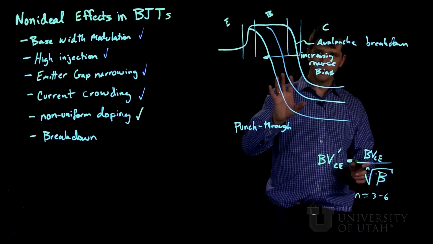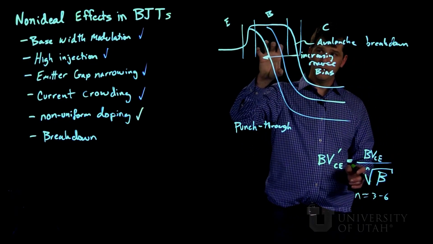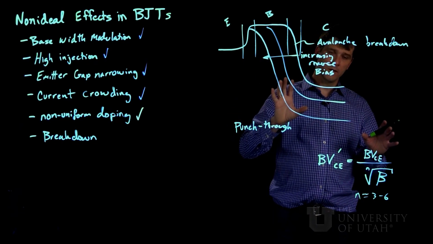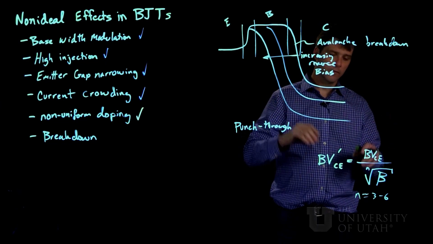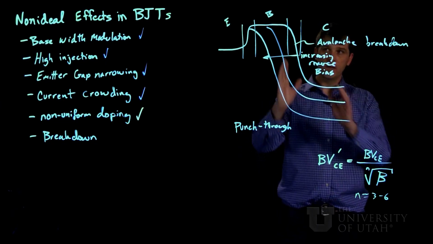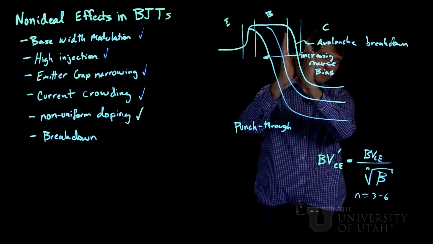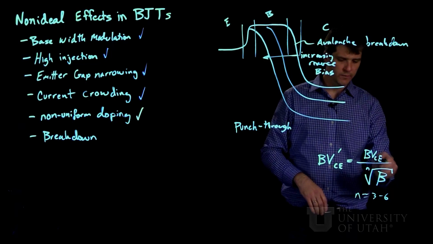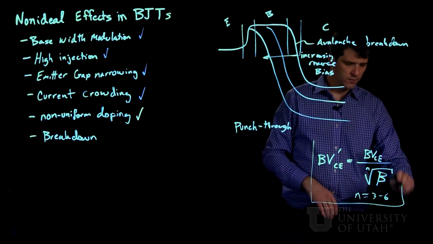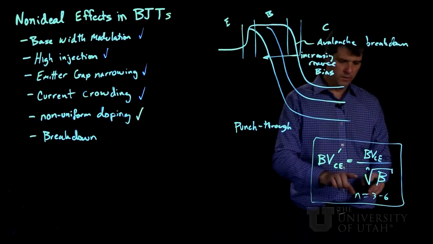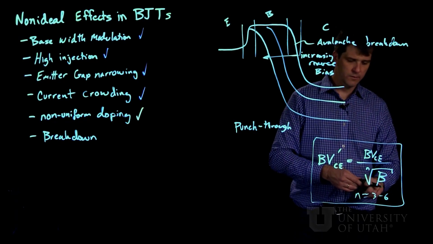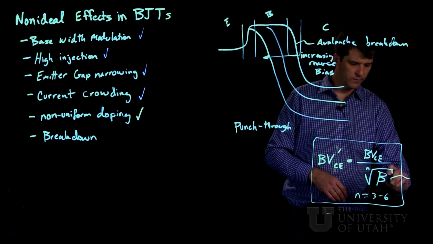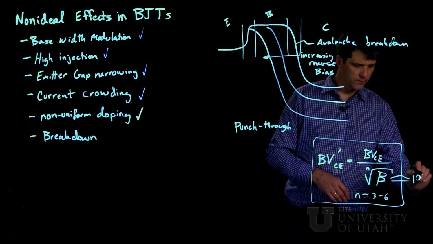So the result is that the BJT itself is more susceptible to breakdown than an isolated PN junction would be given the same dopings. And so when you're designing, you have to be aware of this factor, which reduces the breakdown voltage substantially, because remember this number is on the order of 100 or more.